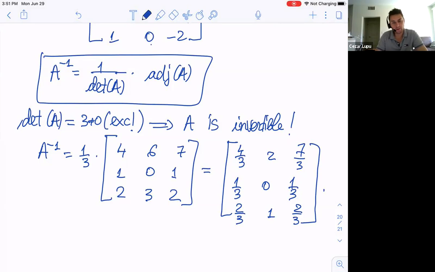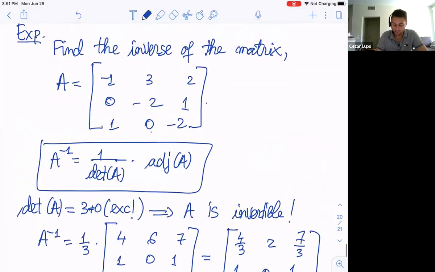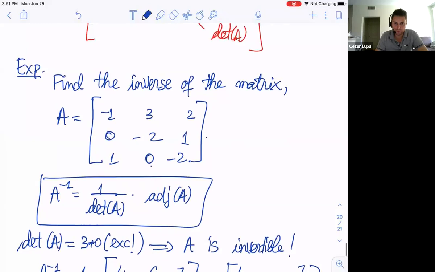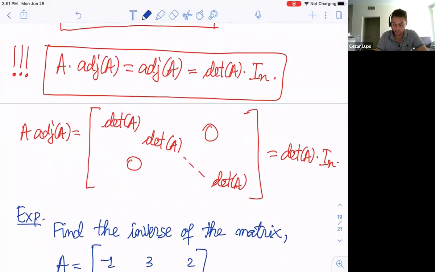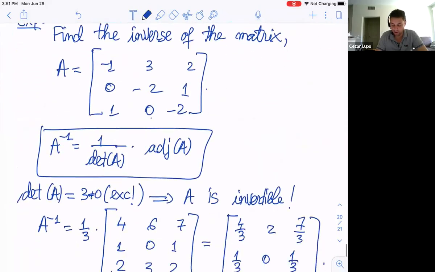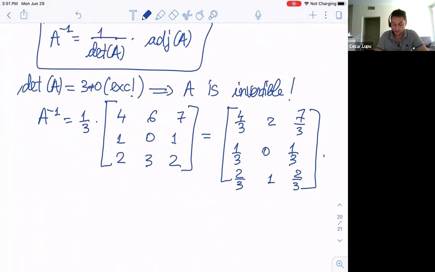Once you know that the determinant is not 0, you can go further and compute the adjugate of A. So you compute the cofactor matrix, then you transpose the matrix of cofactors, and then you get the formula.